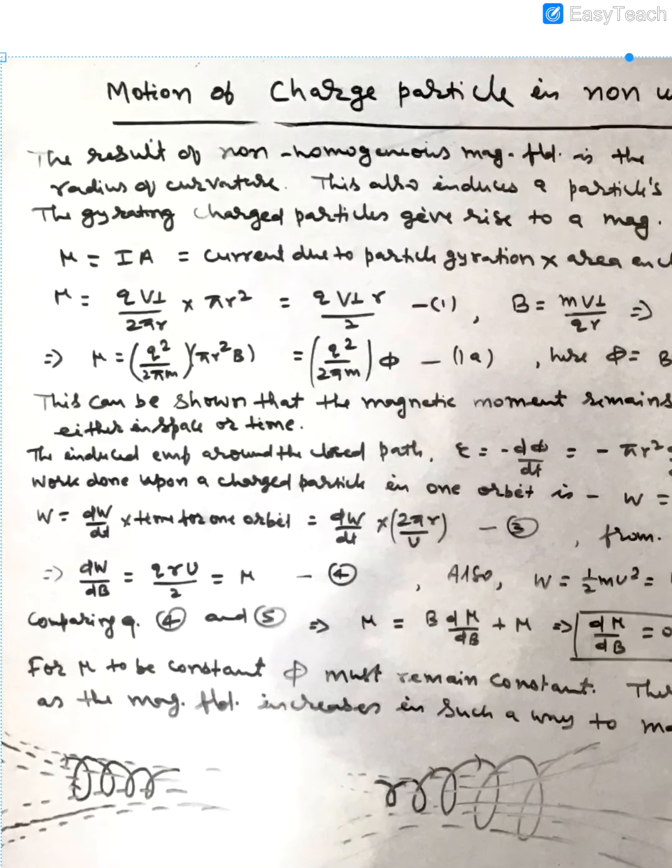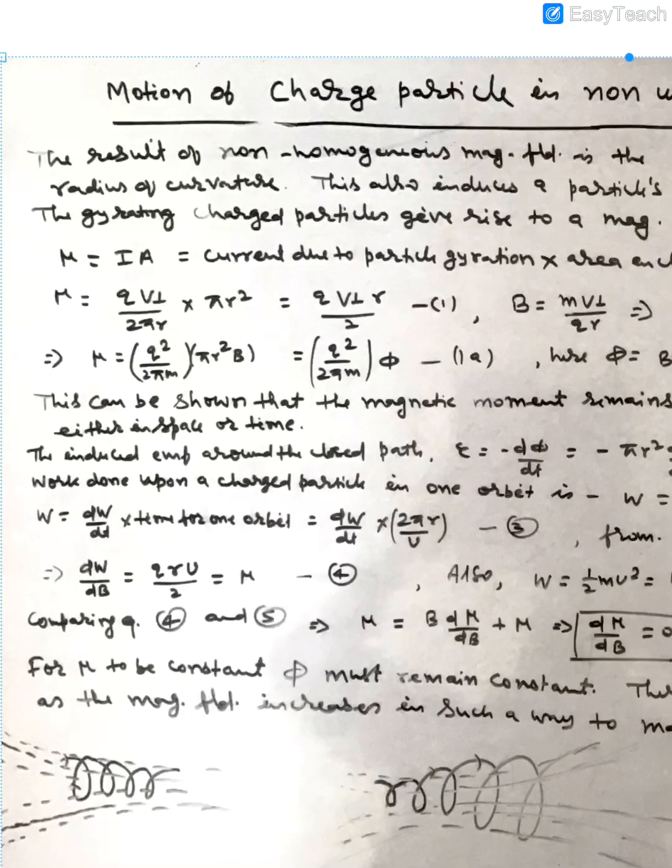It can be shown that the magnetic moment remains constant if the variation of B is slow, either in space or time. Whenever there is a variation in B, an induced EMF will be generated due to the change in magnetic flux.